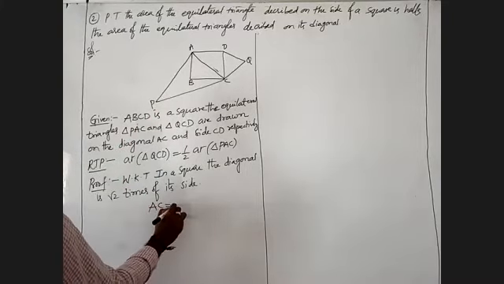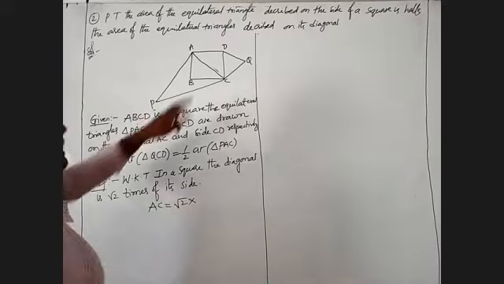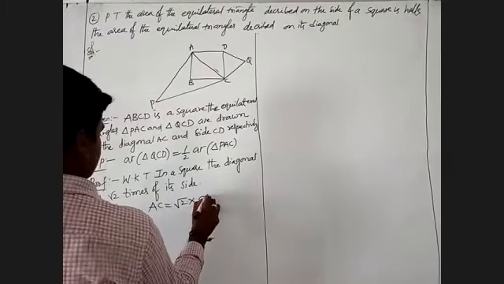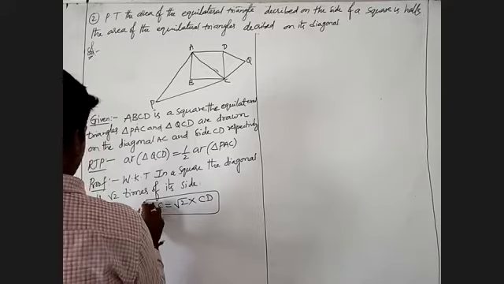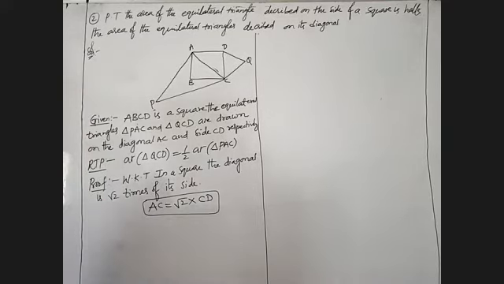AC is nothing but root 2 into the side, means AC is nothing but root 2 into CD, right?